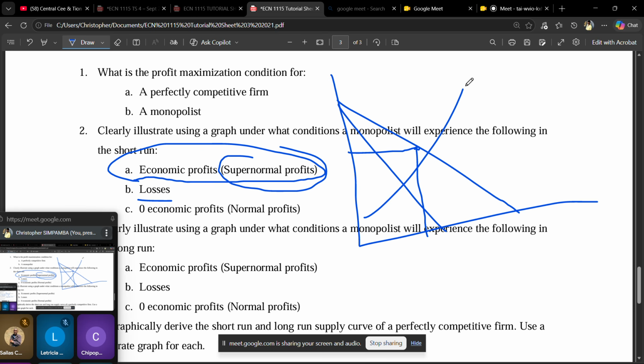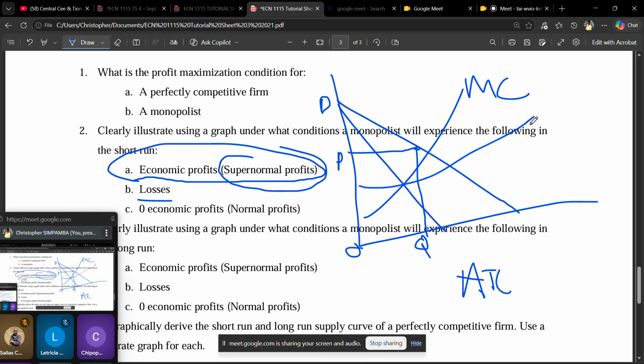So this is our marginal cost curve, where we have our market price, and then we have our demand and our quantity there. We're going to put our average total cost below the market price to show that the firm is making supernormal profits.